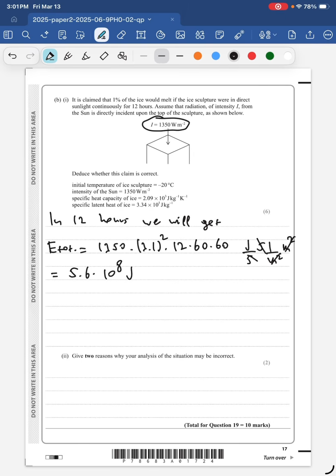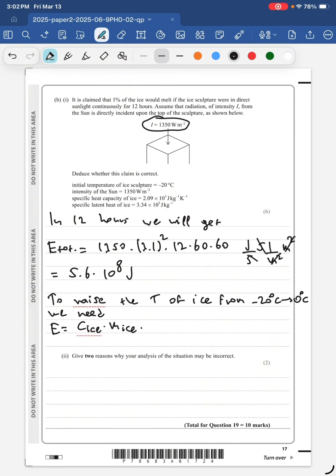Okay. Now let's calculate the energy needed to raise the temperature of the ice from minus 20 degrees to 0 degrees, okay? Because we have to first raise the temperature of the ice. To raise the temperature of ice from minus 20 degrees Celsius to 0 degrees Celsius, we need an energy of the specific heat capacity of ice times the mass of ice times delta theta.